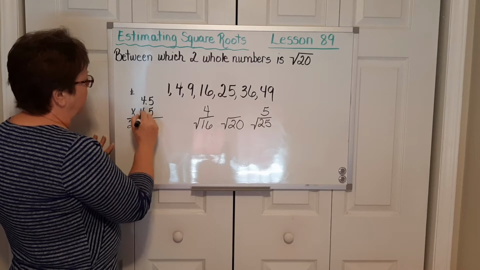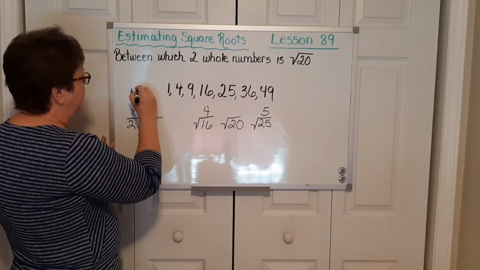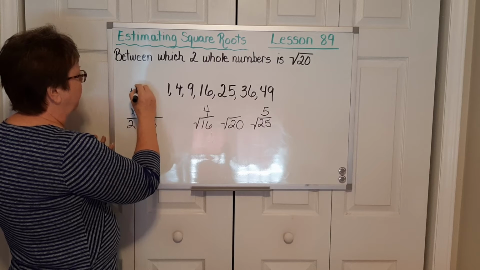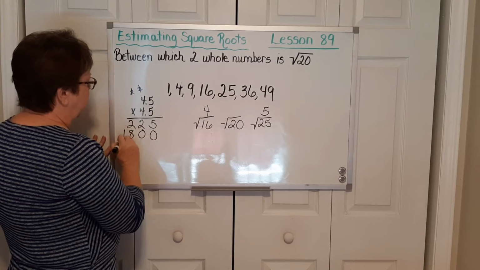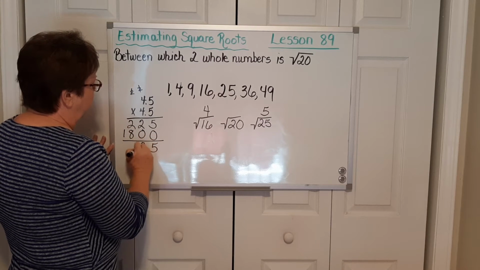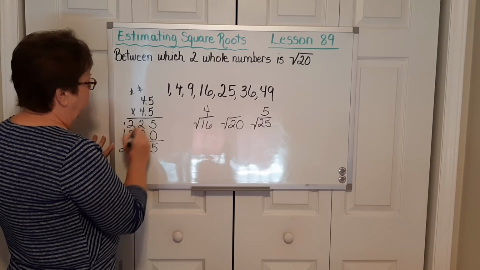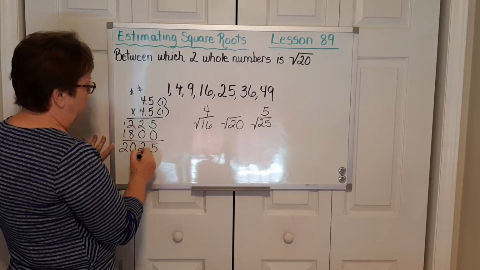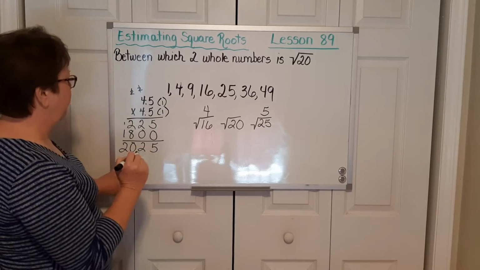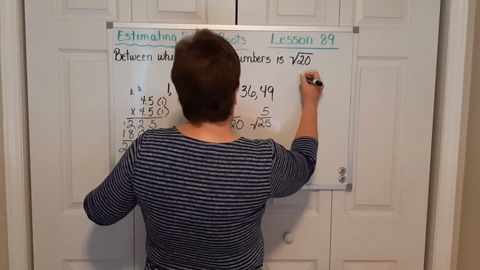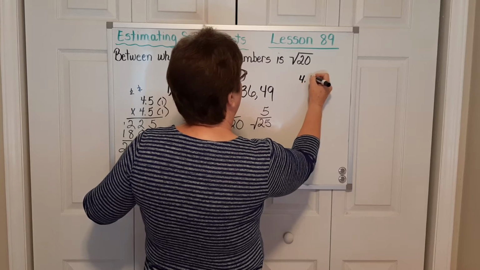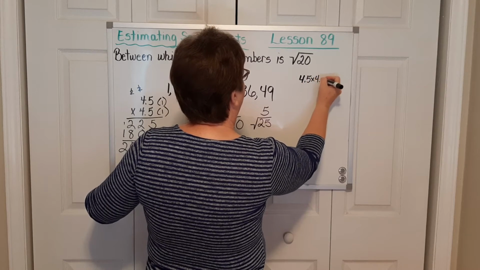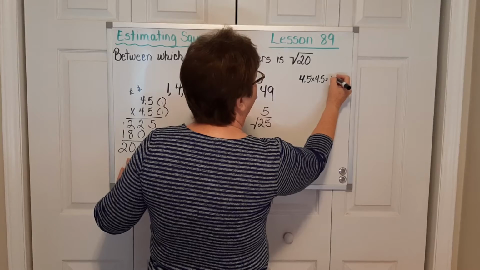Okay, our placeholder, 0, carry the 2. 4 times 4 is 16, plus 2 is 18. So 5, 2. Now, 1 decimal place here, 1 here. So we go 1, 2, so 20.25. So 4.5 times 4.5 equals 20.25.